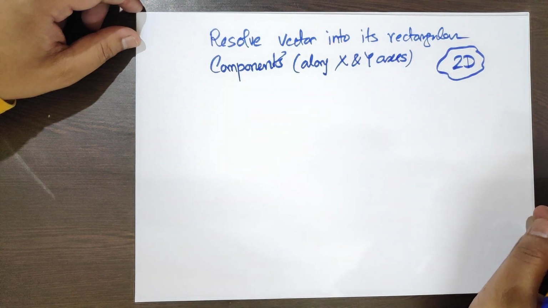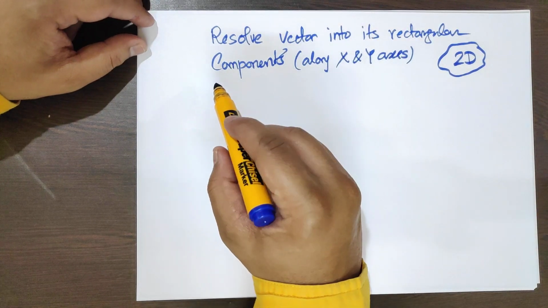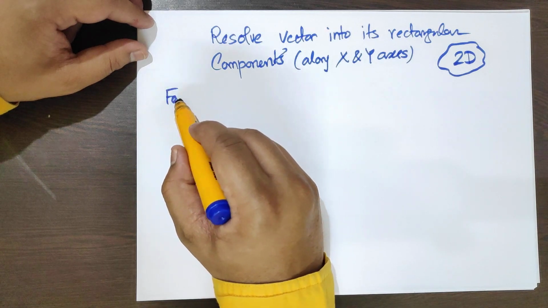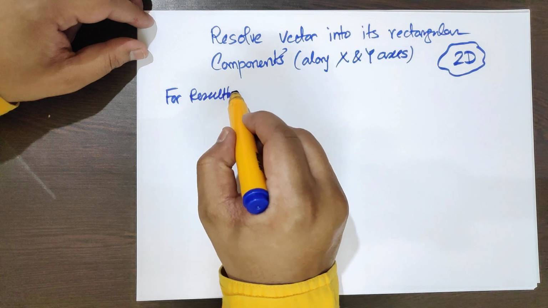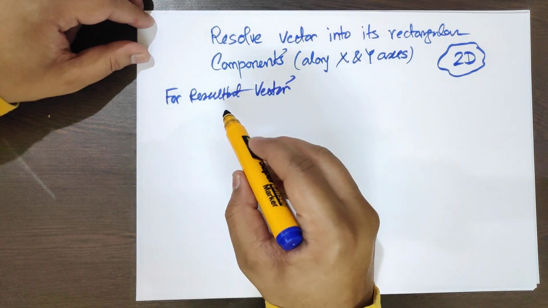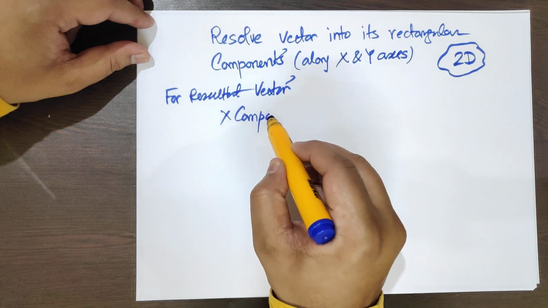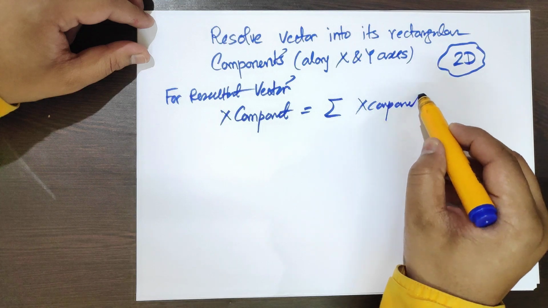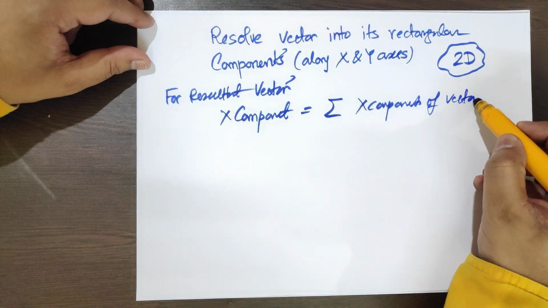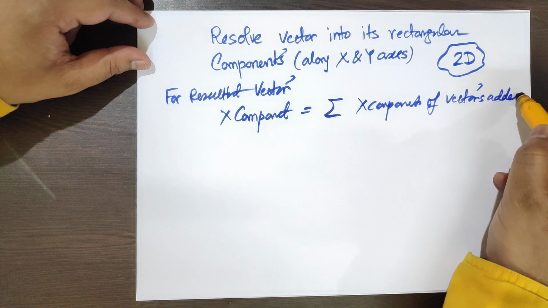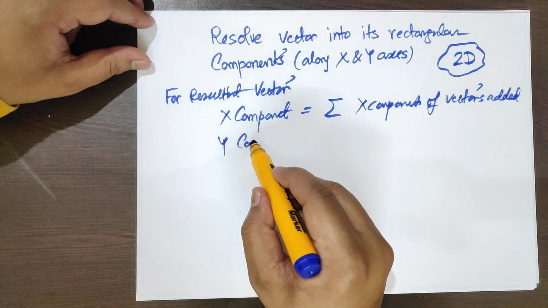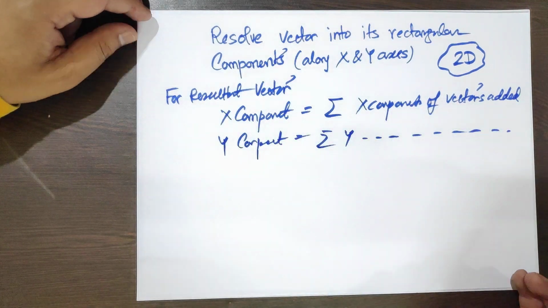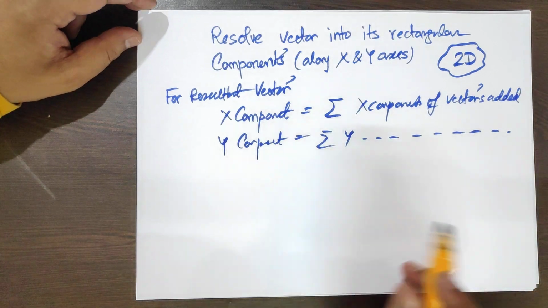So resolve the vector into its components, and then the x component for the resultant vector is the summation of x components of the vectors added, and the y component is also the summation of y components of the vectors to be added, right?